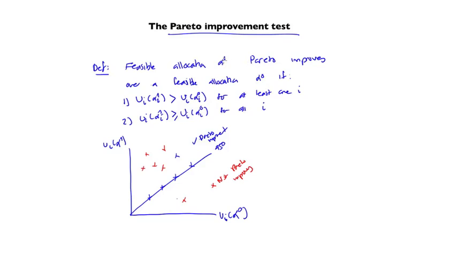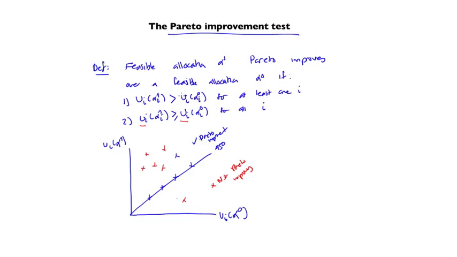Clearly, if the allocation alpha 1 Pareto improves alpha 0, that is a detection of an inefficiency. Second remark, which is very important: notice that the notion of waste is defined around the utilities. It doesn't really matter exactly what people are consuming. We care about their utilities because that's what they care about.